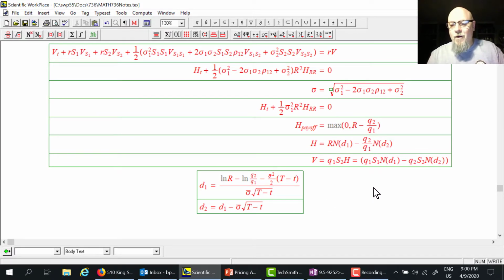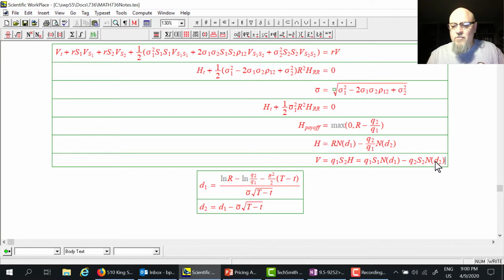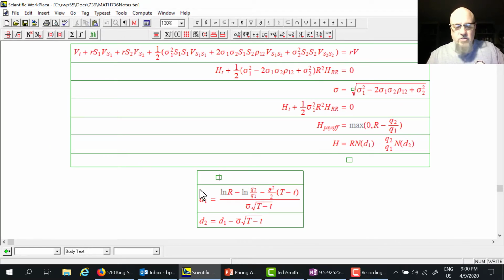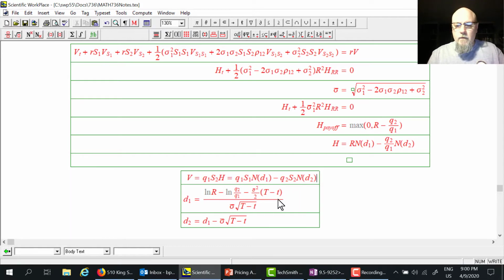Okay, now I'm happy because we've got an actual answer, right? We can price an exchange option, noting that our sigma, our volatility of the ratio, is this expression, but we've got a closed form solution. We use the page 200 formula. So this is nice.